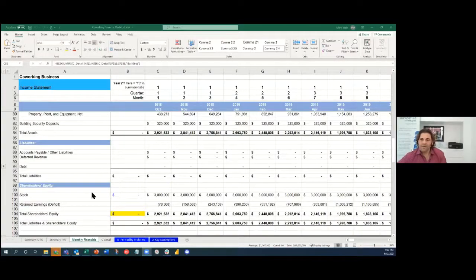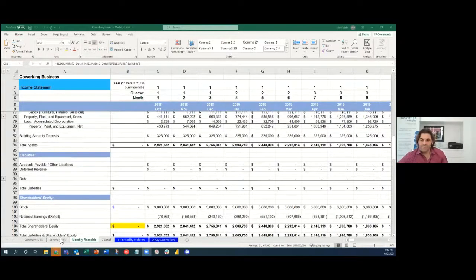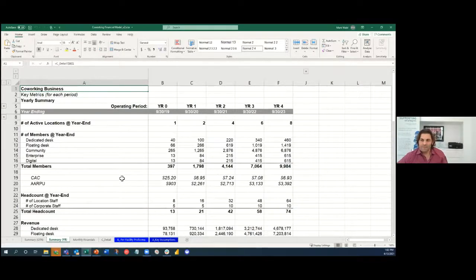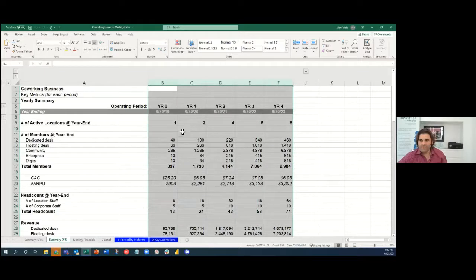So this is kind of an annual summary of this business. This shows what is projected to happen in years 0 through 4, a 5-year time horizon.